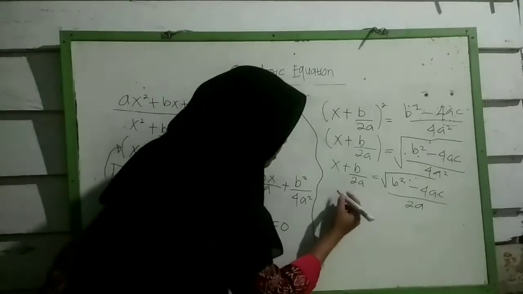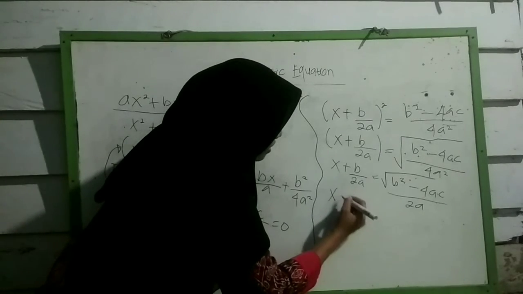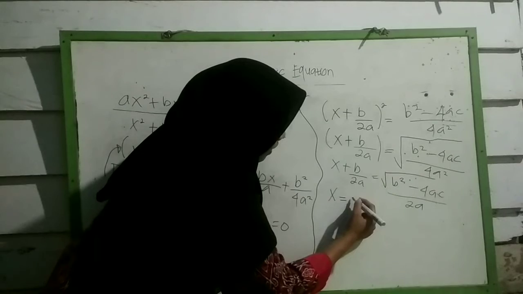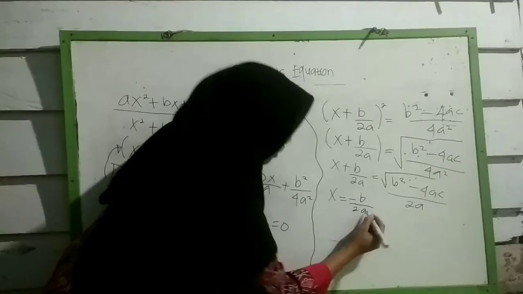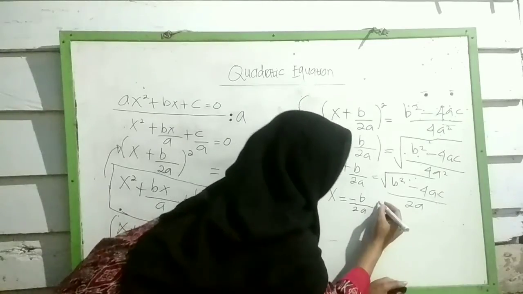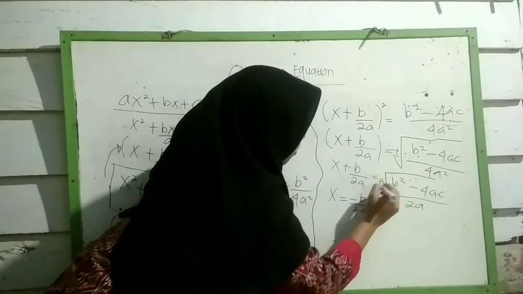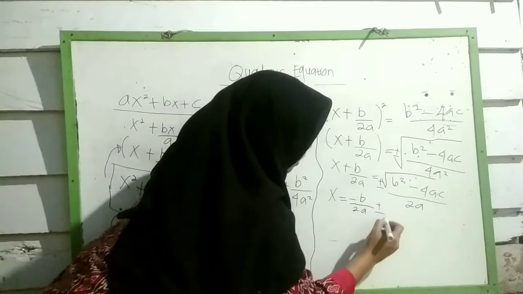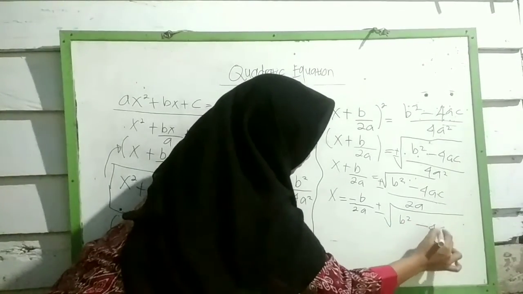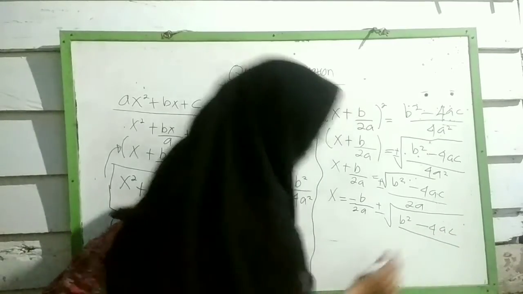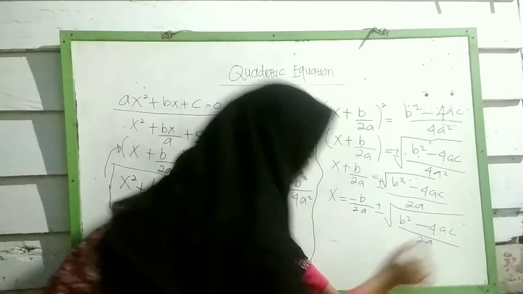And the result, the root of the quadratic equation, is x equals minus b over 2a plus or minus the root of b squared minus 4ac over 2a.